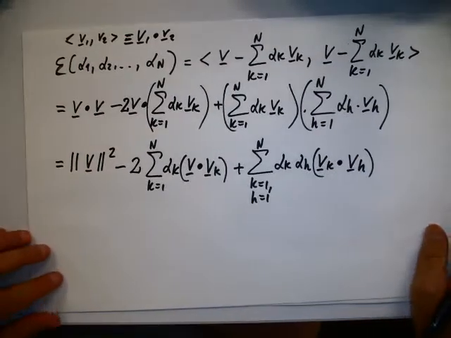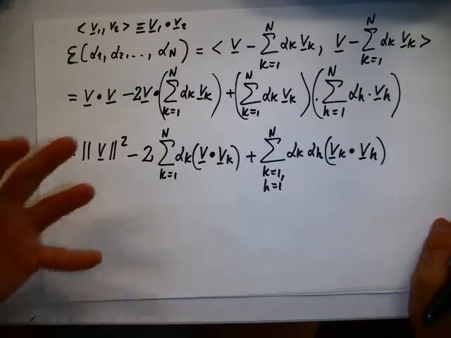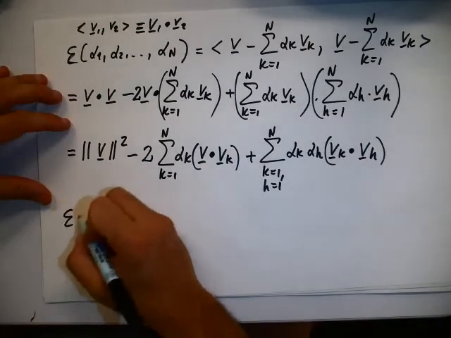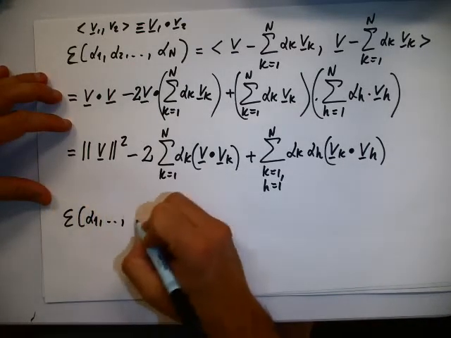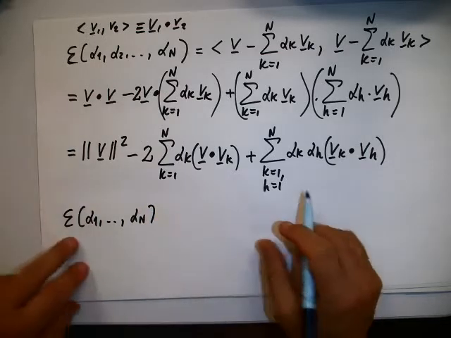Nice. So now we start to see the structure of this function with respect to these coefficients alpha 1 to alpha n.